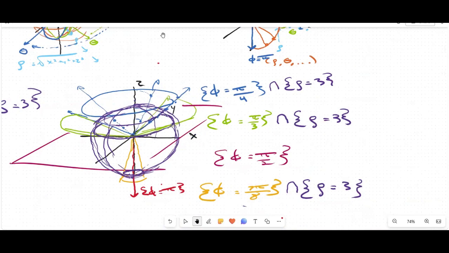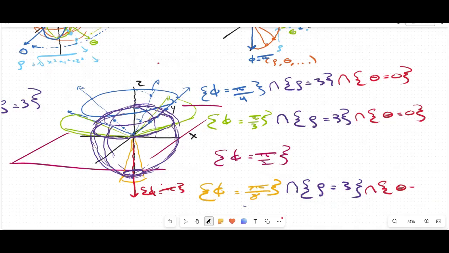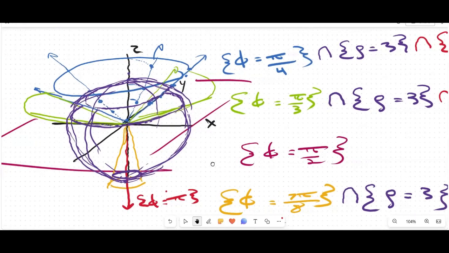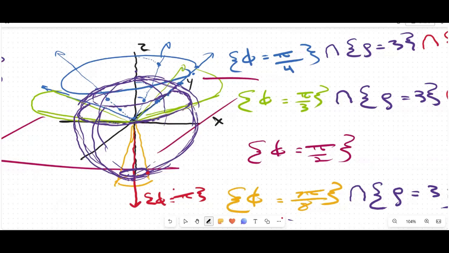If you took any one of these sets and tried to intersect with one more condition, theta equals 0, well, all of those have to be on the positive x-axis, right? That's what theta equals 0 corresponds to. We get a single point. There's the single point down there, there's the single point here, and for the blue one, maybe it's like right there.